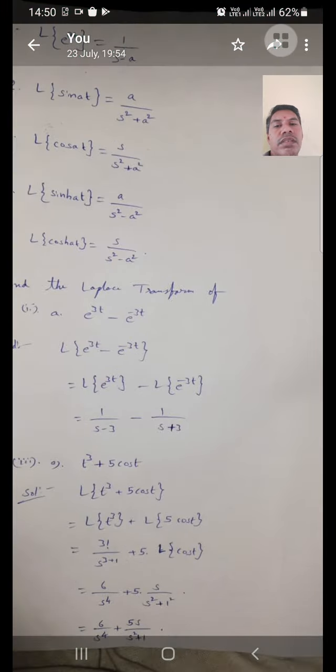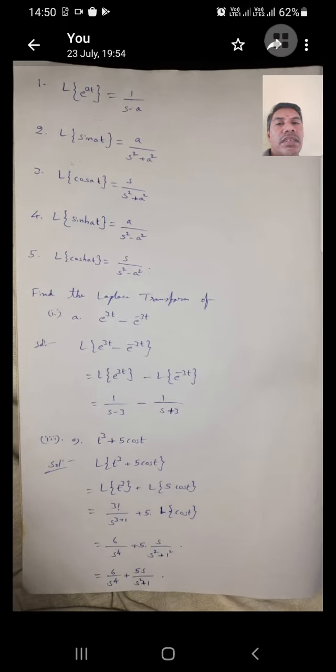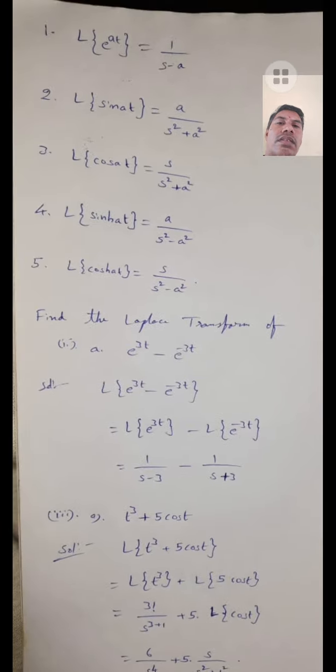See, this is related to Laplace transformations. A few formulas and one or two problems we will discuss here. Laplace transformation of e power at equals 1 by s minus a. Laplace transformation of sin at equals a by s square plus a square.